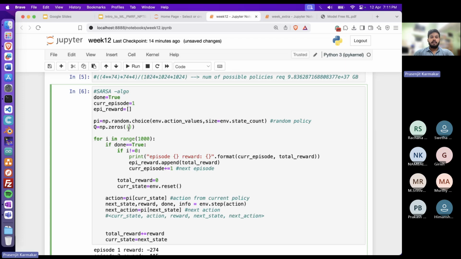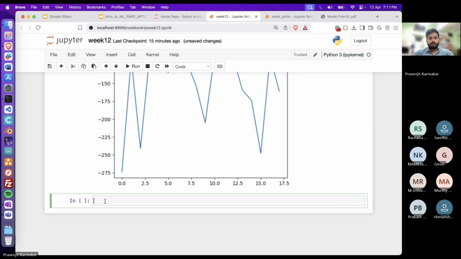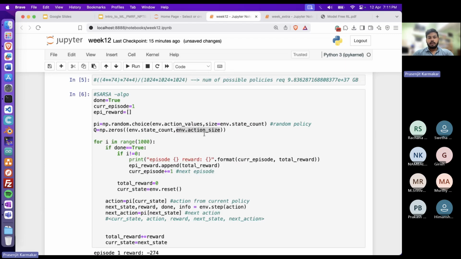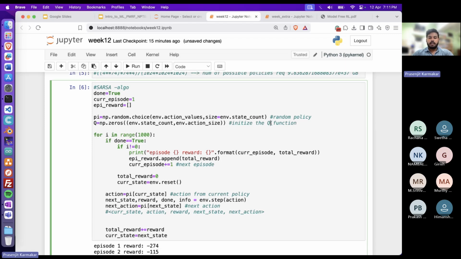So number of states is environment.state_count, and environment.action_size. The action size gives you 4, because there are 4 actions possible. So that's how you initialize the Q function. It's the state action value function basically.